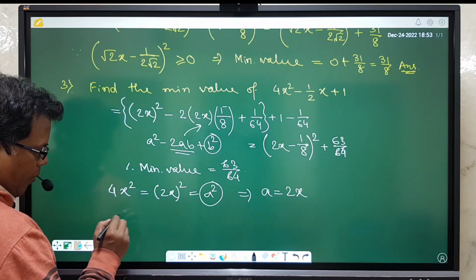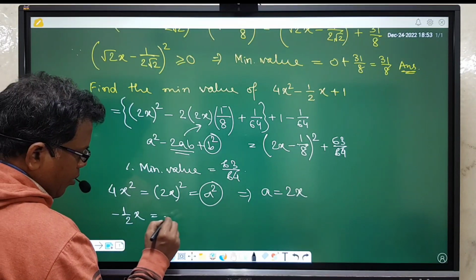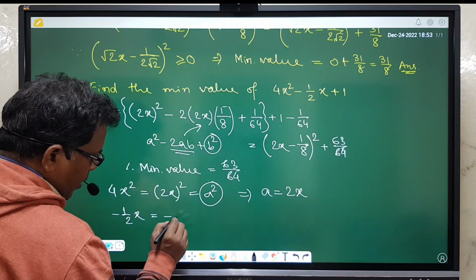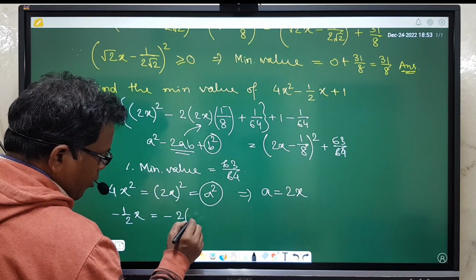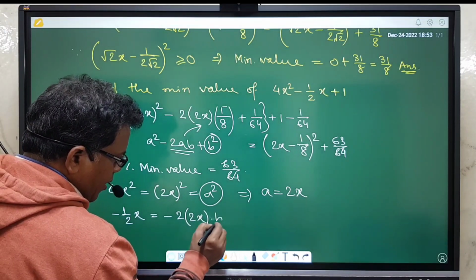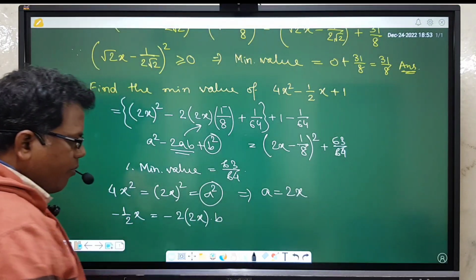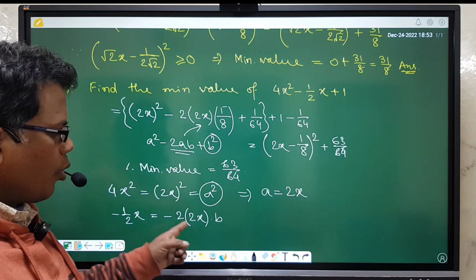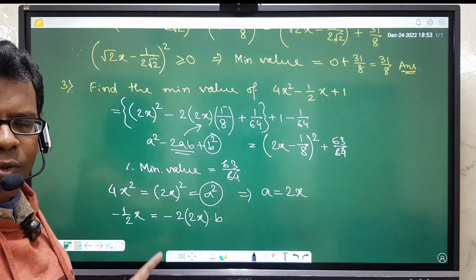So the next step is minus 1 by 2 into x. I want to write this minus 1 by 2x in the form of 2 into a, which is 2x, into b, such that overall the value of 2 into 2x into b should match up with the value of x by 2.